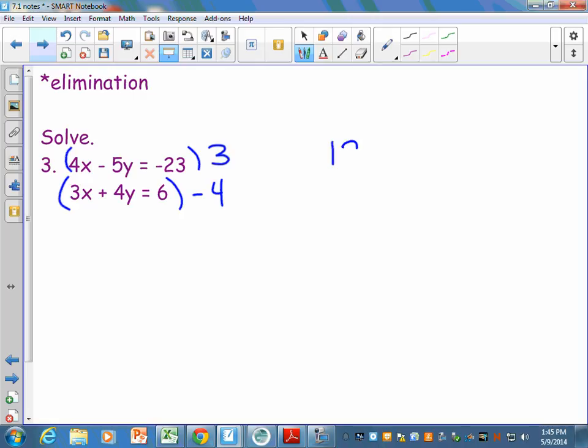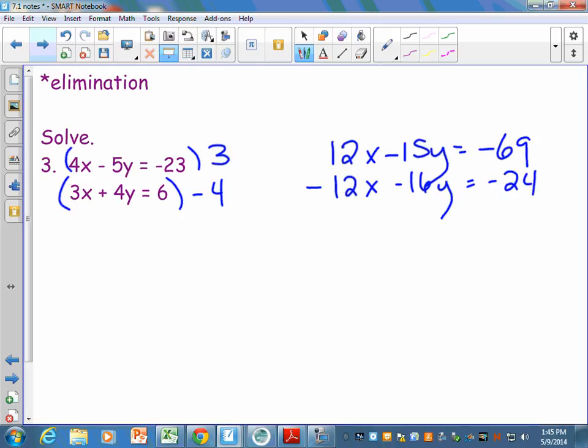So I always just rewrite it over here. 12x minus 15y equals -69. And on the bottom, I get -12x minus 16y equals -24. And someone in second hour said they multiplied the top by -3 and the bottom by +4 because they thought that was a better idea.